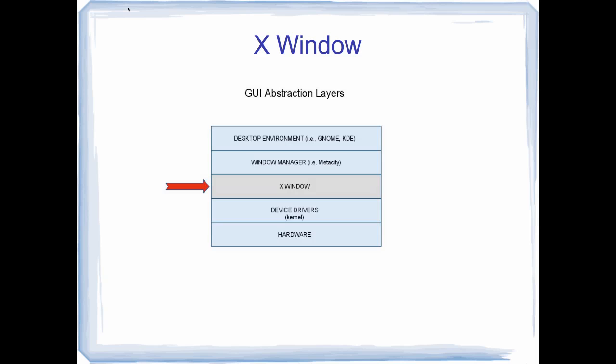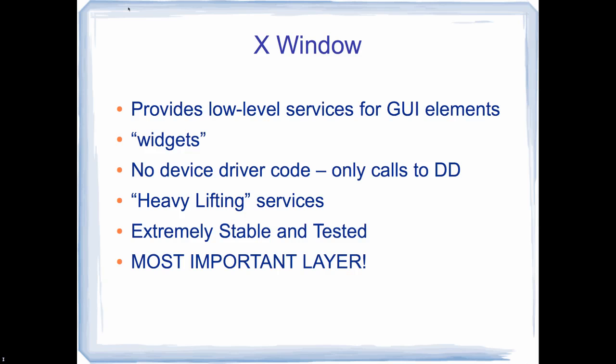It is the single most important layer here, because this is the layer that was started to be developed in the early 1980s and has been alive and working well ever since. So what does X-Window do? It provides the low-level services for the GUI elements, as I mentioned earlier, knowing where the mouse is on the display and what events have happened.